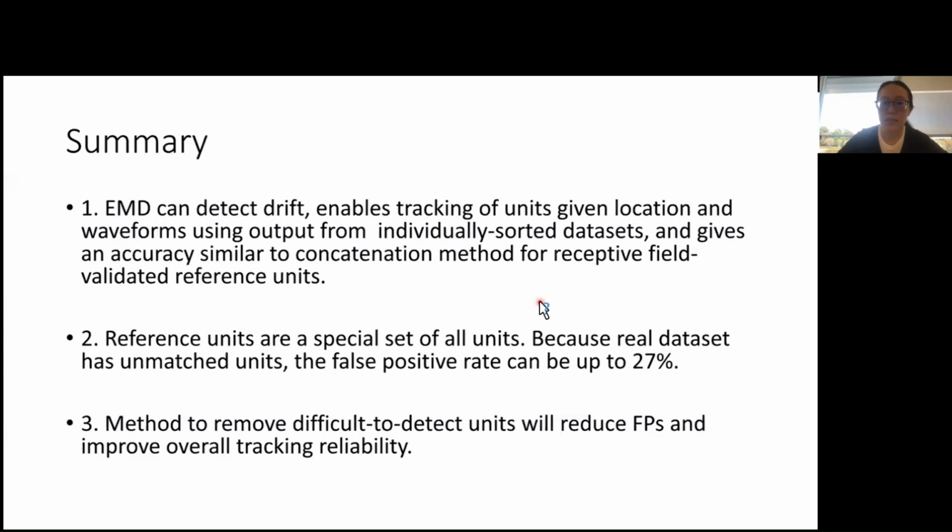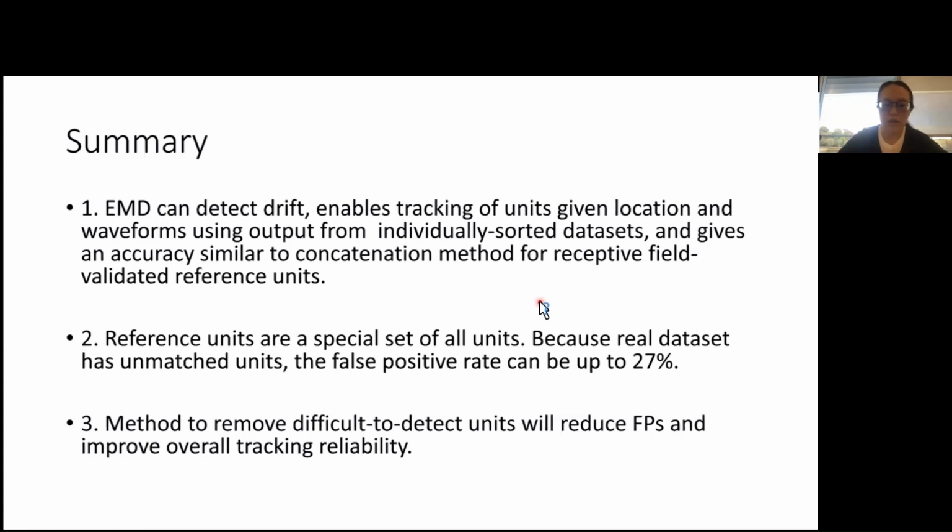Lastly, we learned that a method to remove difficult-to-detect units will reduce the false positive rates and improve the overall tracking reliability. Since in this method we used published data, we don't think we have enough data to fully validate our method.